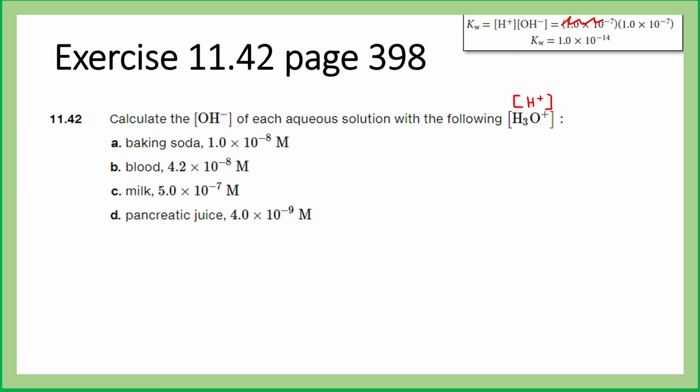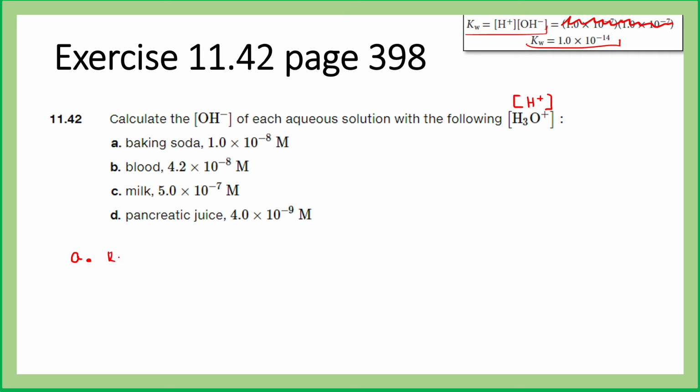And again, omit this because it's for water. Just focus on this and this. And again, we have the value of the constant of water, the ion product constant of water, Kw. For the exercise with the letter A, we know that the hydrogen ion concentration is 1 times 10 to the minus 8.